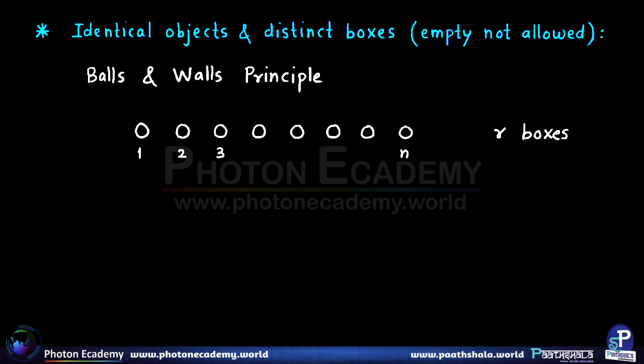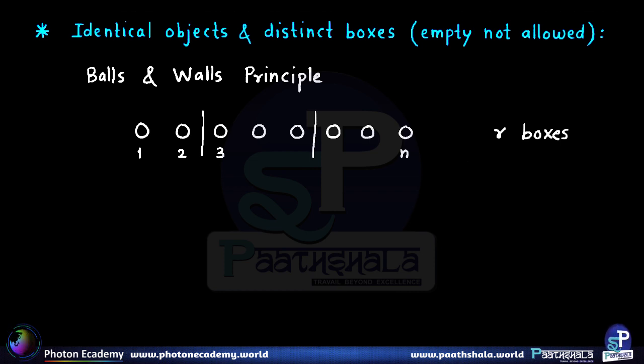Now the distribution into boxes can be visualized as drawing a certain number of separators between the objects as shown here, as if it will distribute the objects into the required number of boxes.